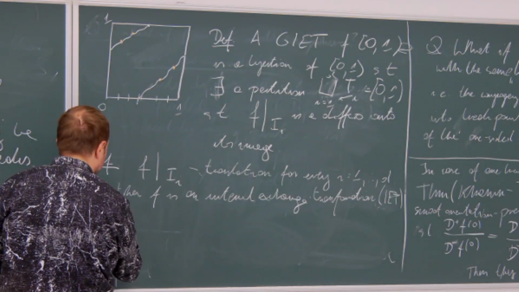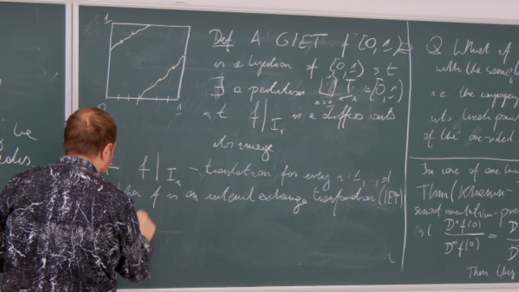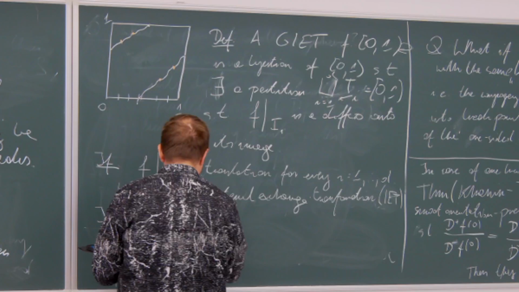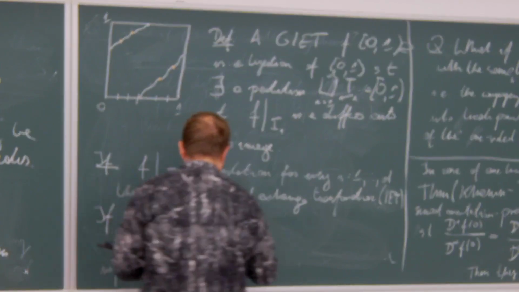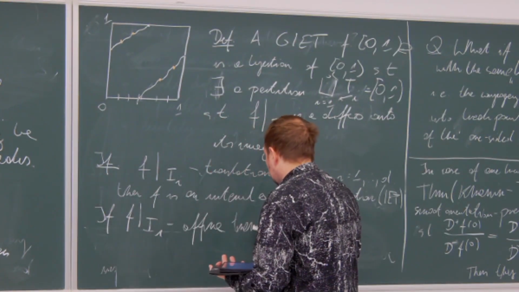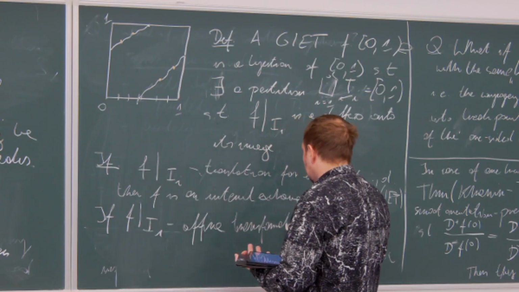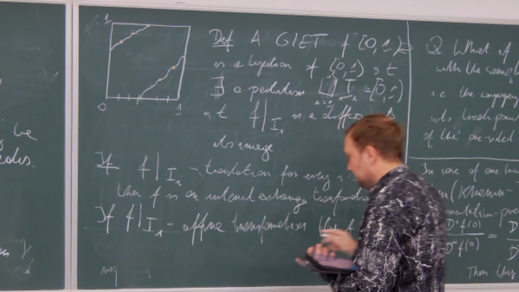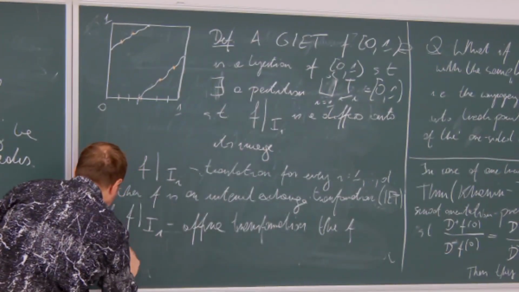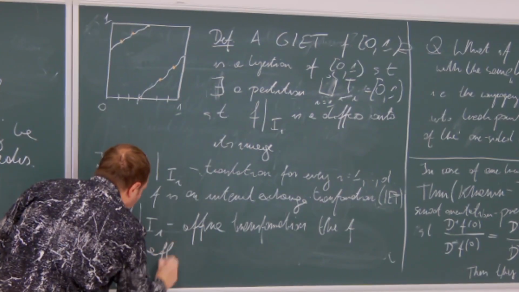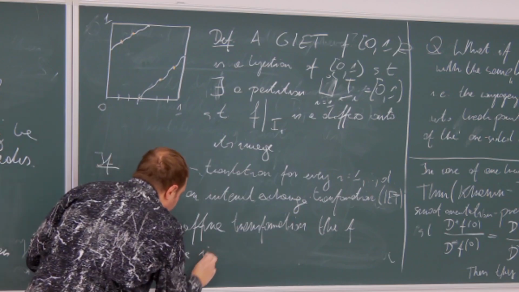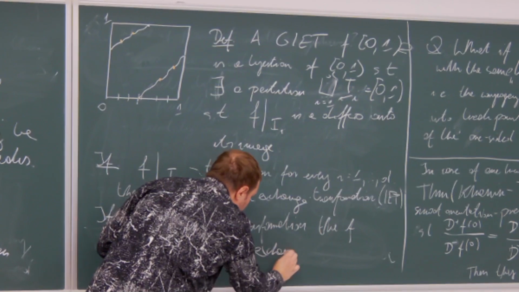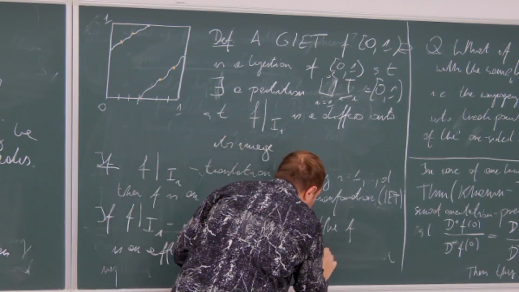So if F composed with the inclusion of I_i is an affine transformation, then F, as you can imagine, is an affine interval exchange transformation.